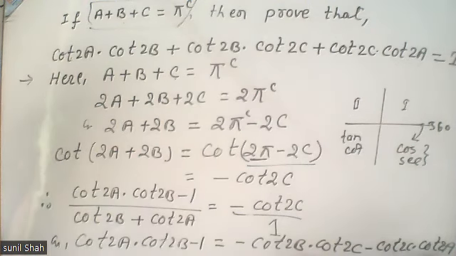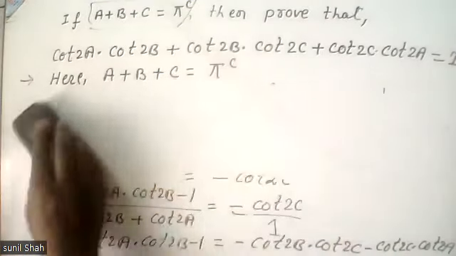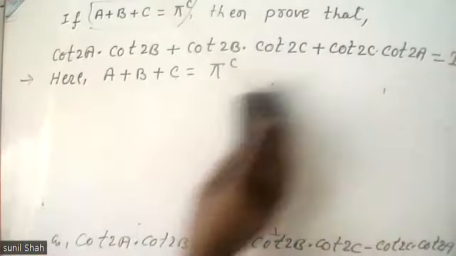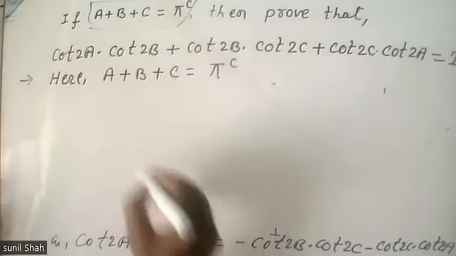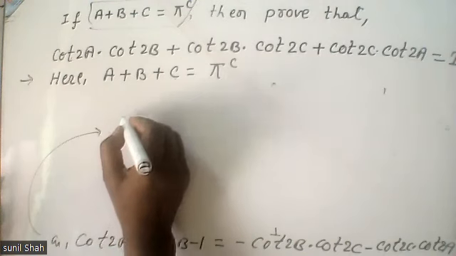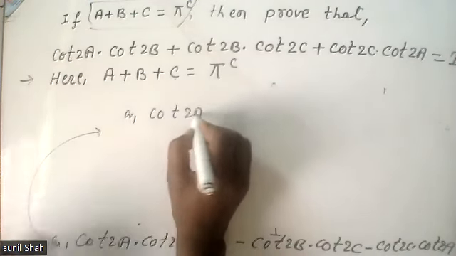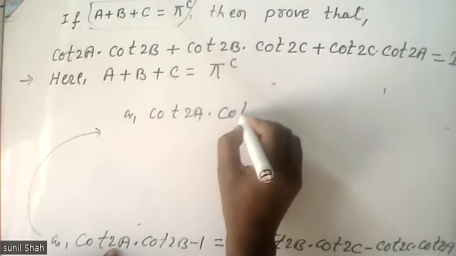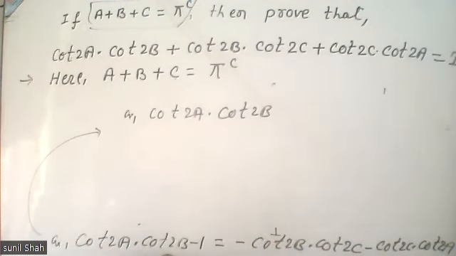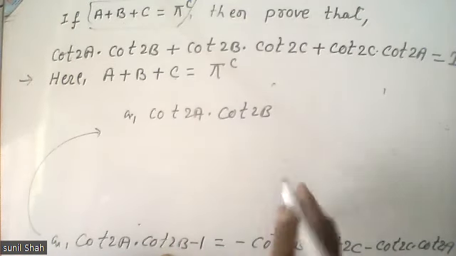Now we transpose this and this product to the left side and this one to the right side. After this, we have cot 2A into cot 2B. This minus will be plus when transposed from right to left.